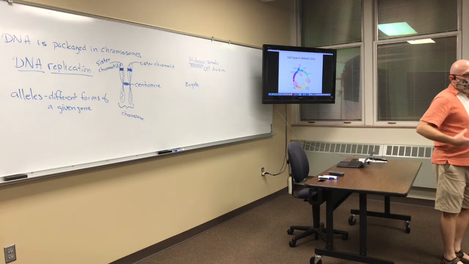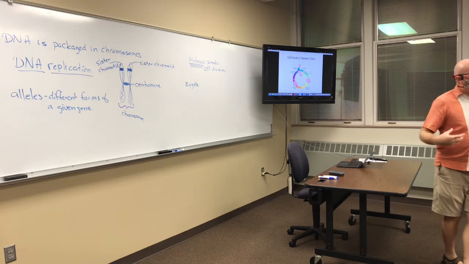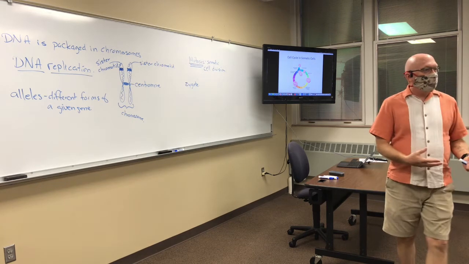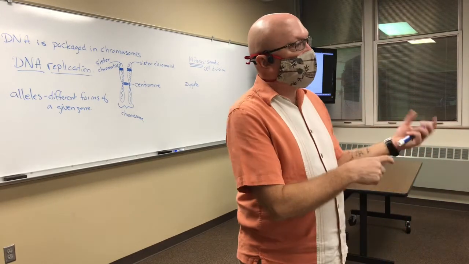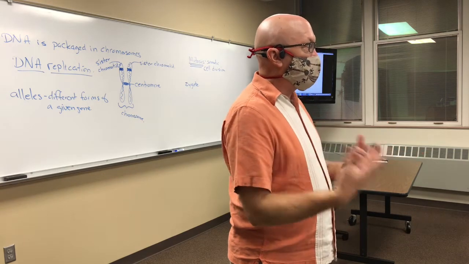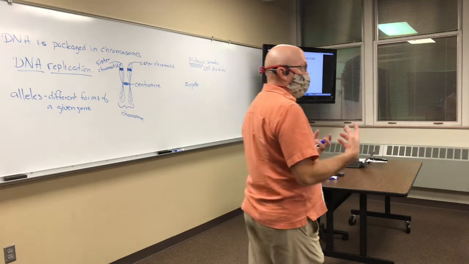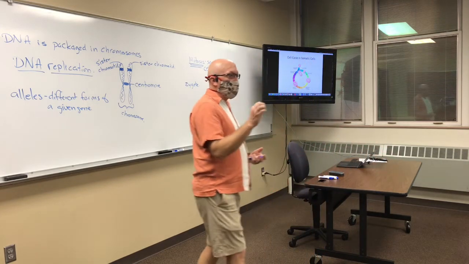Your liver cells, in theory, have the same genes as your kidney cells. What makes a liver cell different from a kidney cell and different from a skin cell is which genes are turned on and which genes are turned off. They have all the genes there. It's just that in different cell types and different tissues, different genes are turned on and off. But they all have that same complement of DNA.